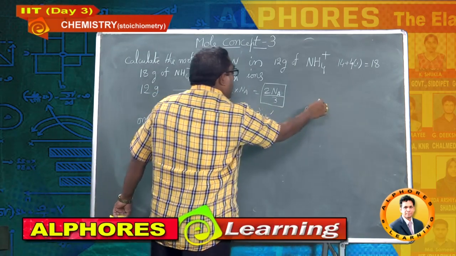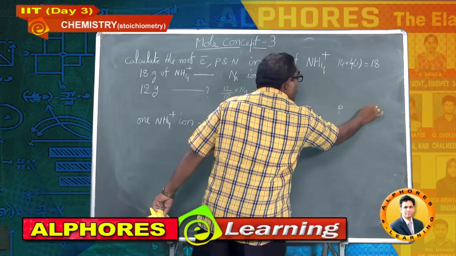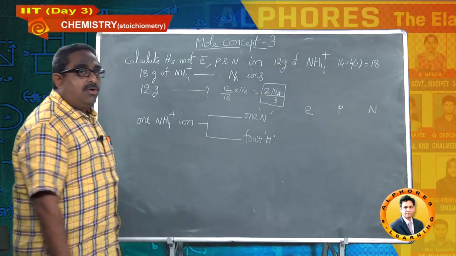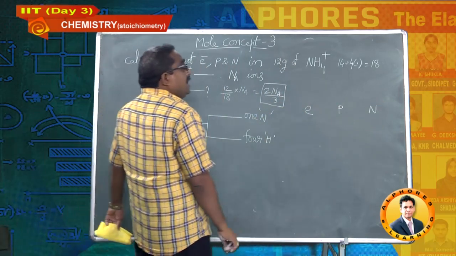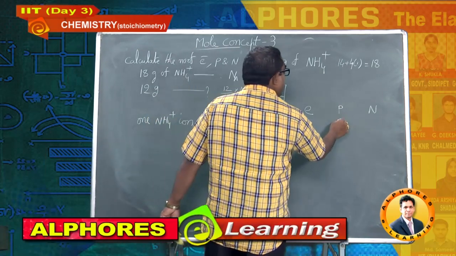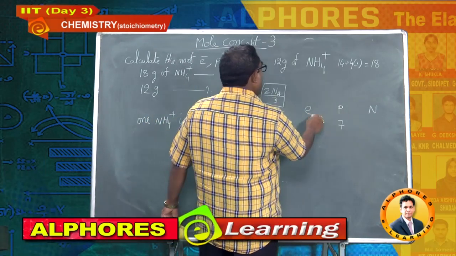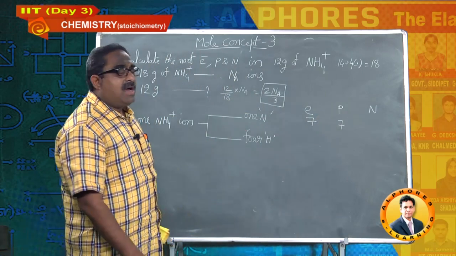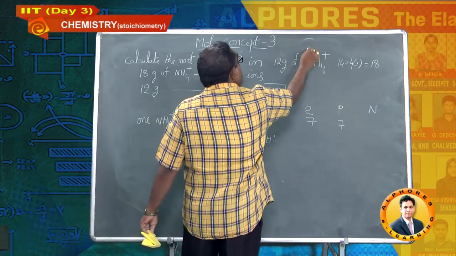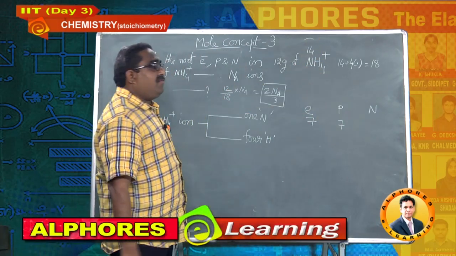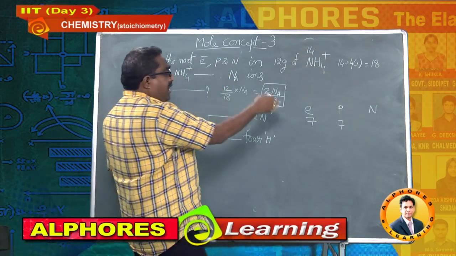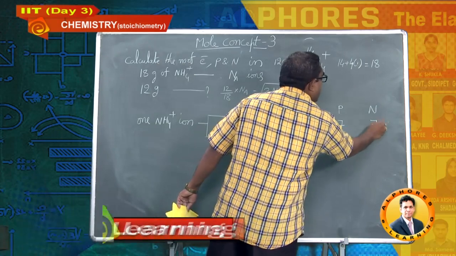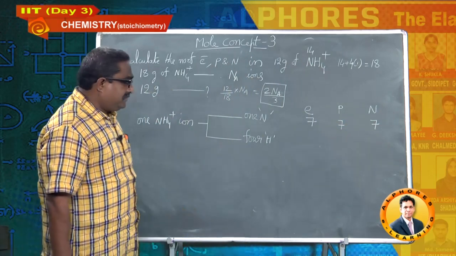Okay. Electrons, protons, neutrons. Nitrogen, atomic number 7. So, you have to write 7 protons. Immediately you can write 7 electrons. For neutrons, we need mass number. If nothing is mentioned, by default you should take mass number of nitrogen as 14. So, 14 minus 7, again number of neutrons are 7 here.